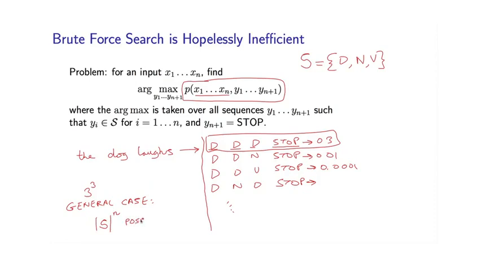This obviously grows exponentially quickly with respect to the sentence length n, and for any appreciable value for n, say n is equal to 10 or 20 or 40, this number quickly gets very, very out of control, and it becomes hopelessly inefficient to do brute force search.